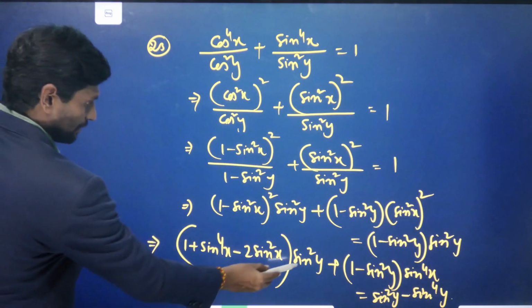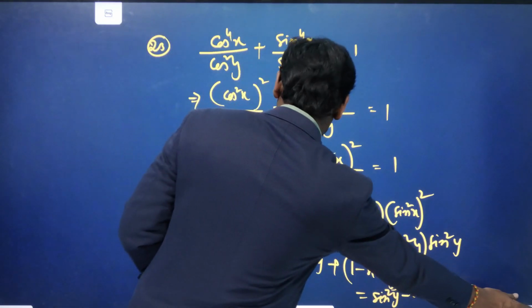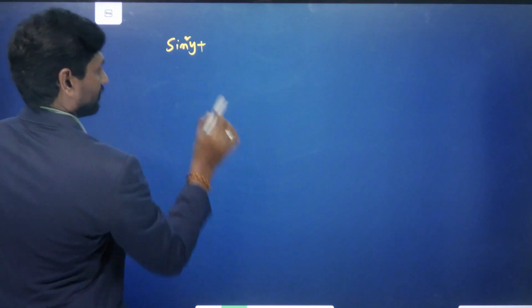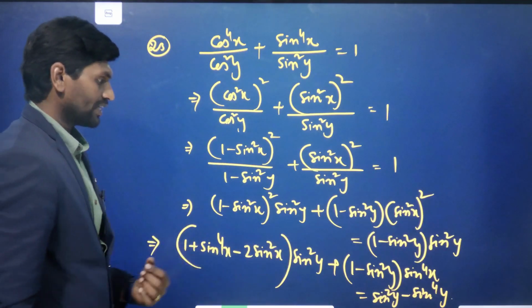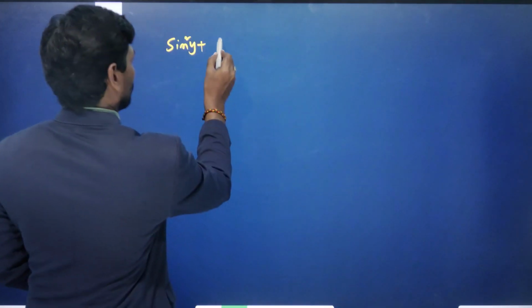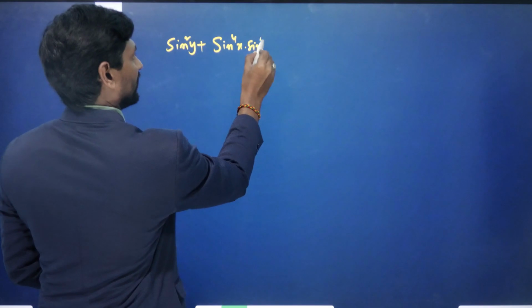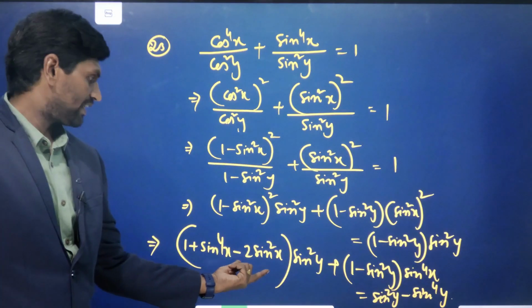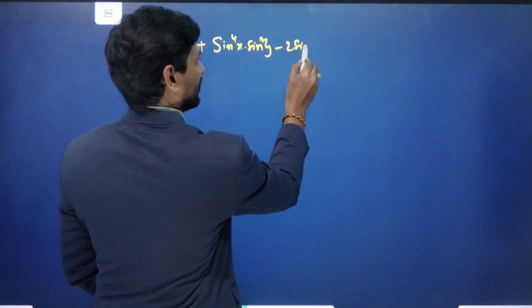I am just multiplying with sin square y into these three terms, and it will be sin square y, plus sin power 4x into sin square y, minus 2 sin square x into sin square y.